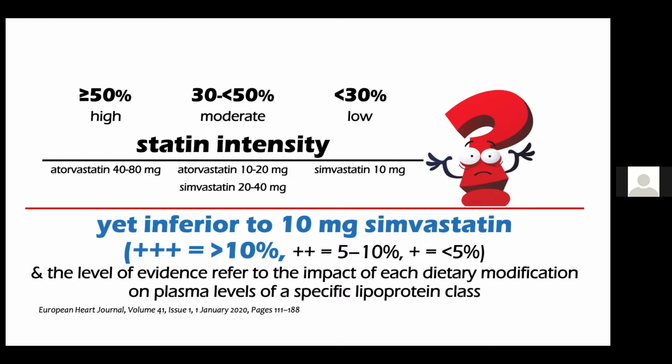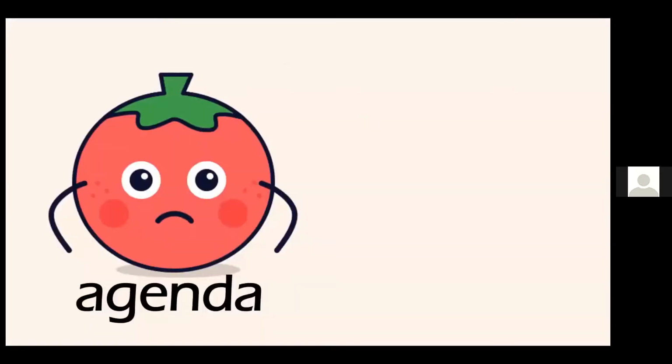So it is simvastatin 10 milligram, atorvastatin, it is in milligram, not in percent, atorvastatin 40 to 80 milligram if you want to reduce 50% or more of your patient's LDL.